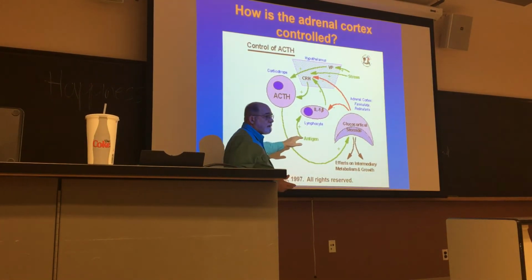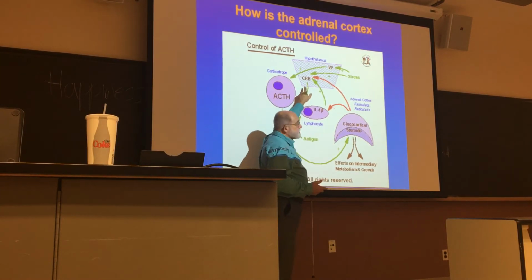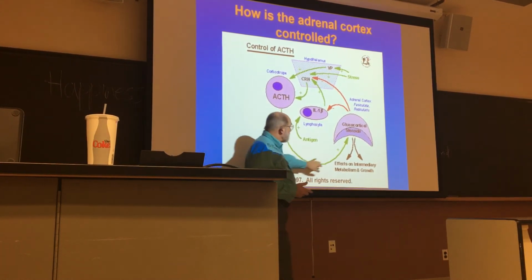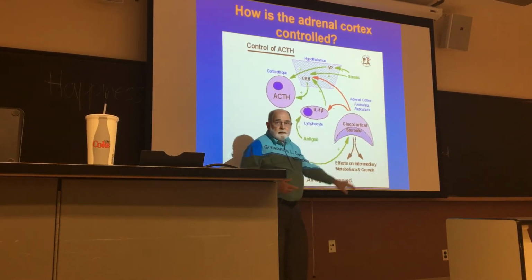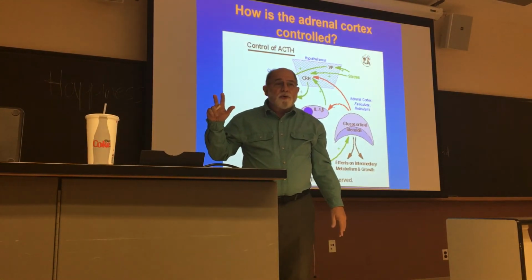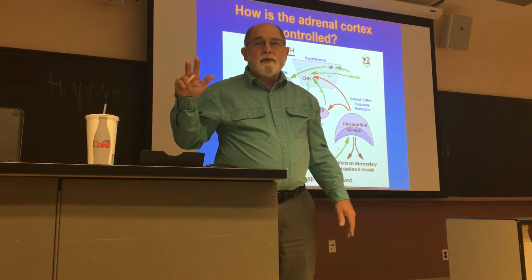How many hormones are involved? We've got CRH, we've got ACTH, we've got the glucocorticosteroids. That's 3 hormones. How do those hormones act? You learned this in the last exam, hopefully.